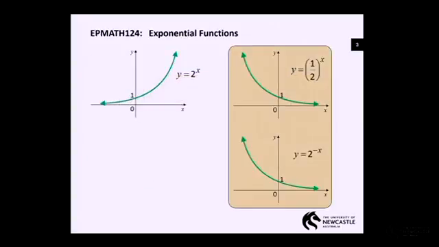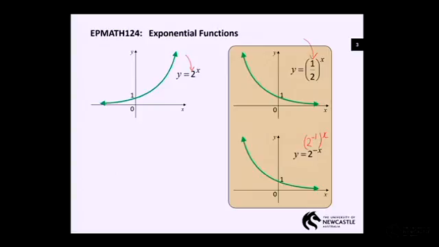This is reminding ourselves, all from 124, of the increasing version. If this value was a 2, you'd get the increasing version. If this value was a half, now a half can also be written as 2 to the minus 1.